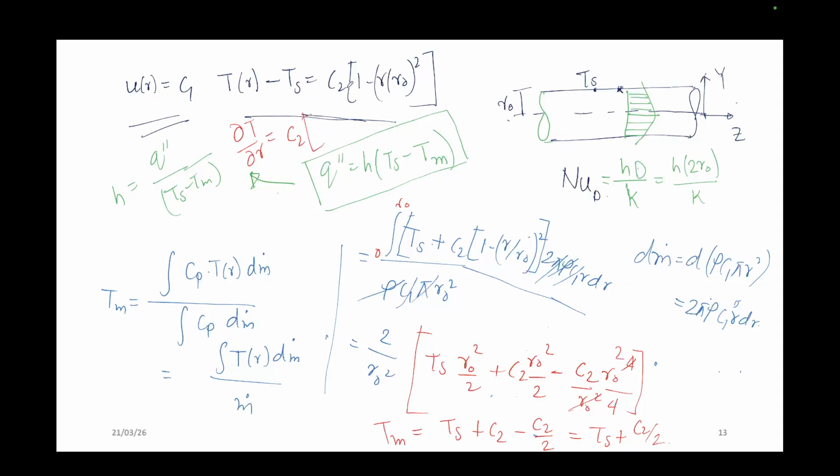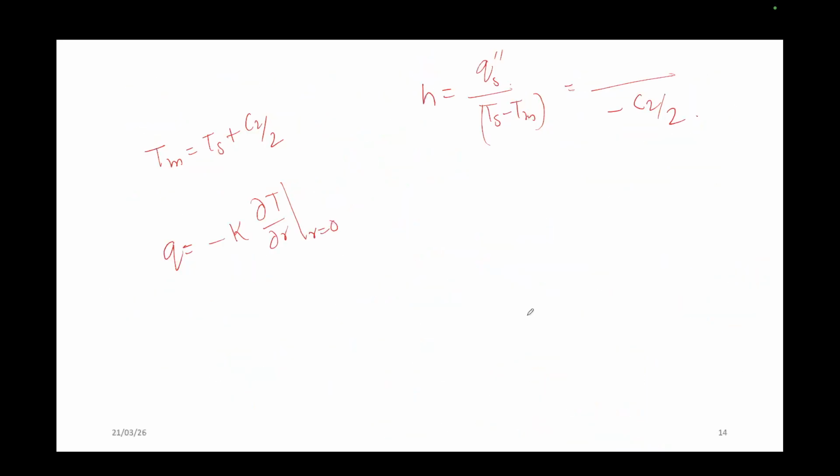It should be 0. Ts is constant, right? C2 integration of one, derivative of 1 is 0, minus 1 by r naught square into 2r. Just remember this thing because I just forgot all this. What I get?